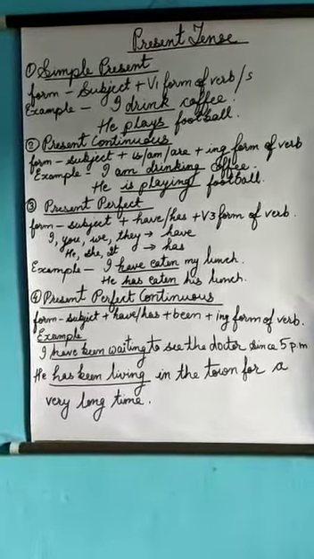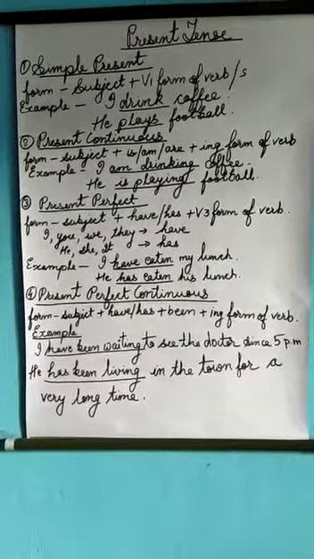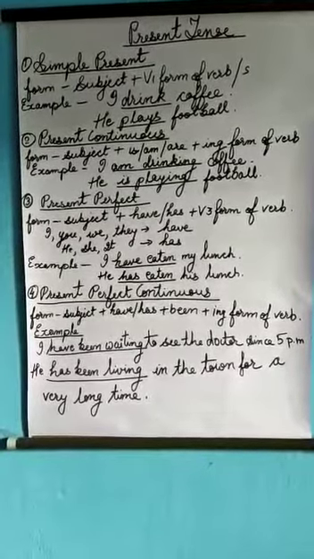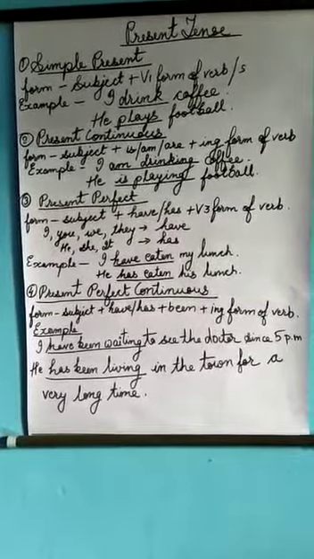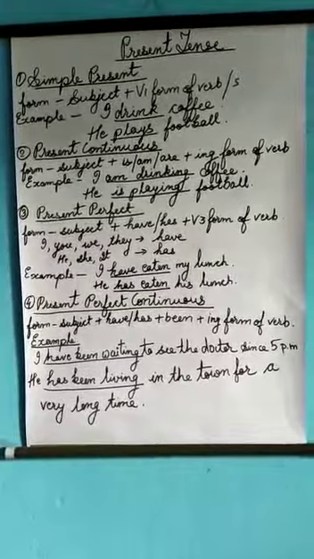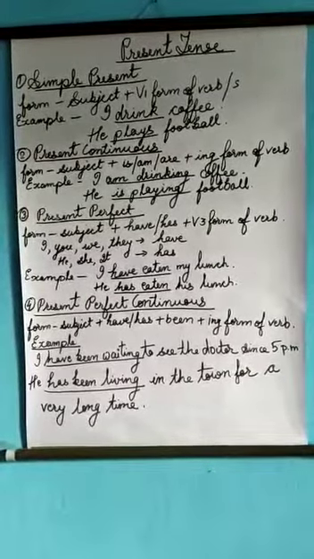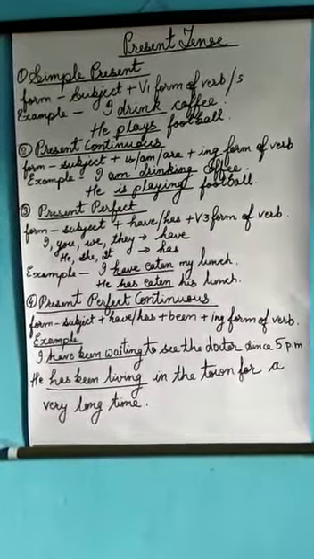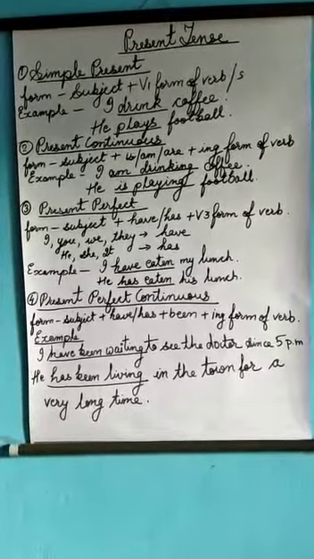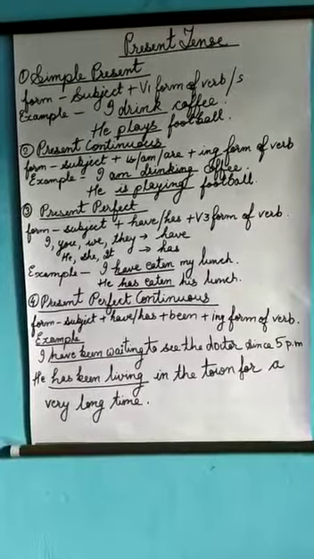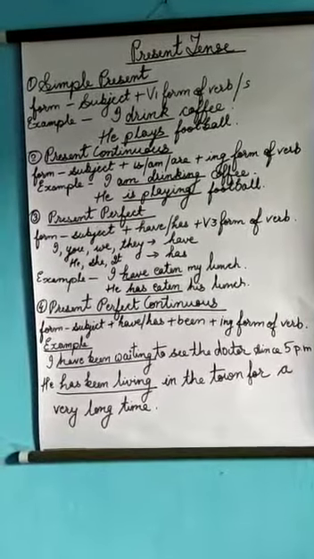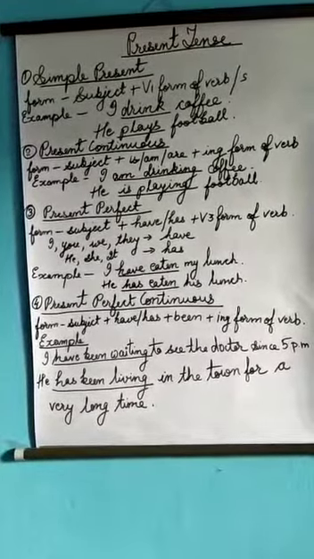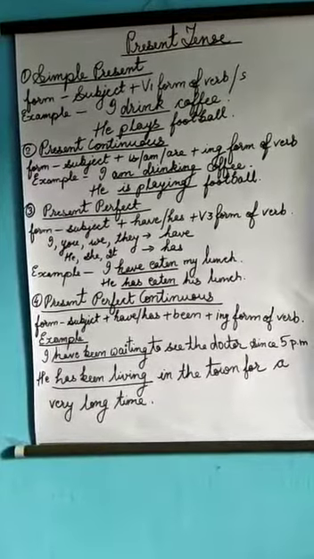Next, present perfect continuous. When you form a sentence in present perfect continuous, you should have a subject plus have or has according to the subject plus been plus ing form of verb. For example, I have been waiting to see the doctor since 5 p.m. So you have the subject I. According to that, you have used have plus been plus the ing form of verb.